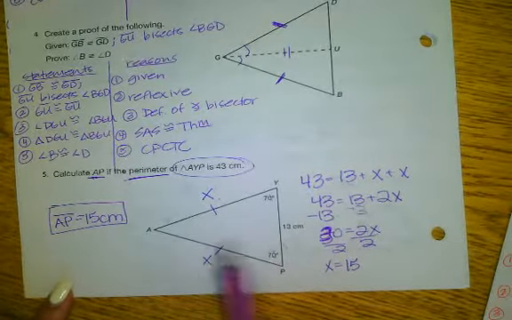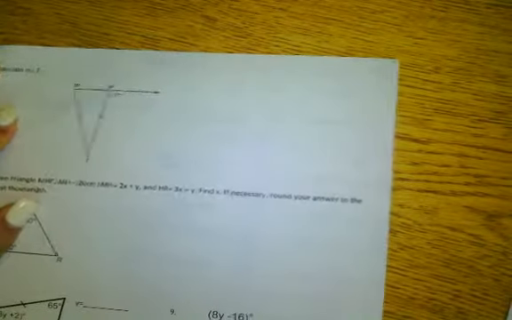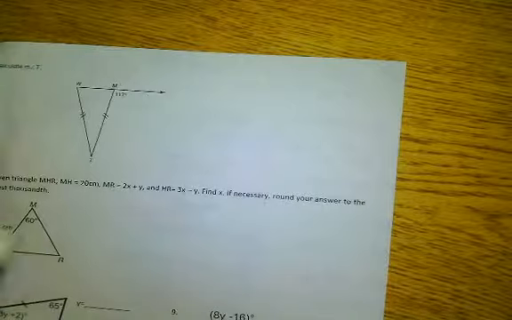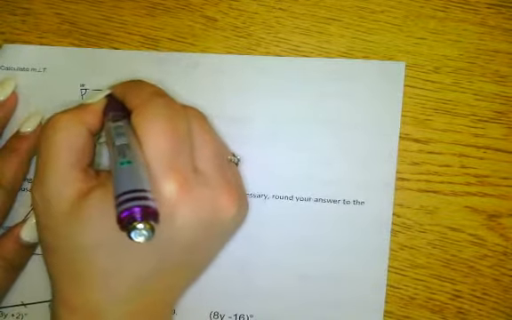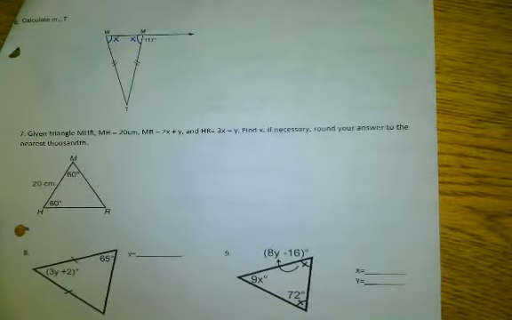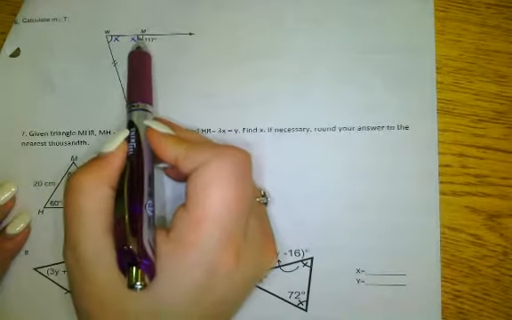Alright, number 6, calculate the measure of angle T. Okay, again we have an isosceles triangle, which means what? The base angles are the same. Base angles are the same, so these could both be x. How could we figure out the measure of angle x? 180 minus 117, because angle x and 117 degrees are supplementary.